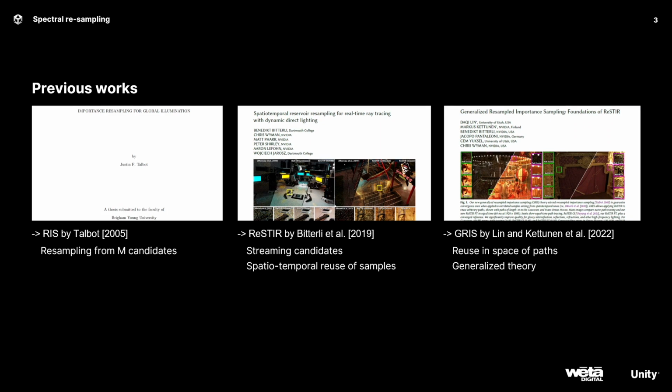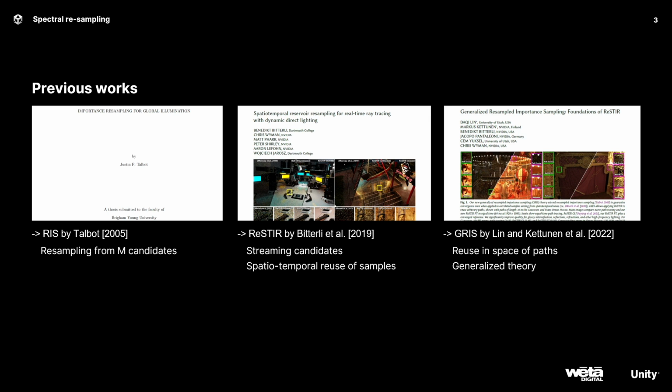Resampling has been brought into the context of computer graphics by Talbot and colleagues already in 2005. Recently, resampling got attention by the research community thanks to the work of Bitterli and colleagues when they introduced the so-called ReSTIR algorithm, spatio-temporal reservoir resampling, in the context of real-time ray tracing.